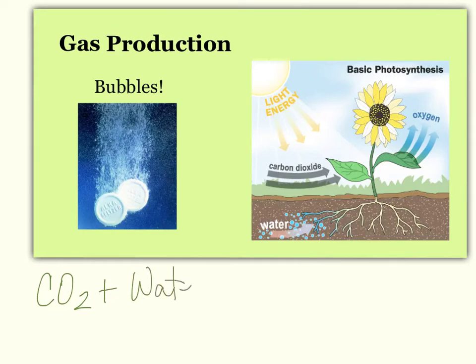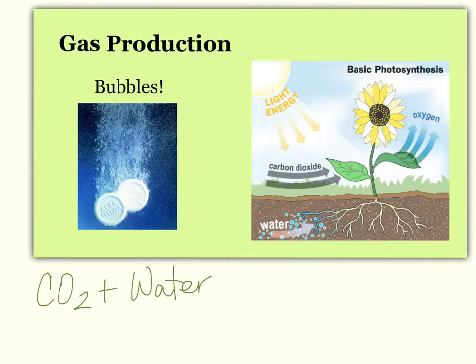The carbon dioxide enters the leaf through the stomata on the underside of the leaf, and the water is absorbed by the roots and travels up through the xylem to all parts of the plant, particularly the leaves where photosynthesis happens.